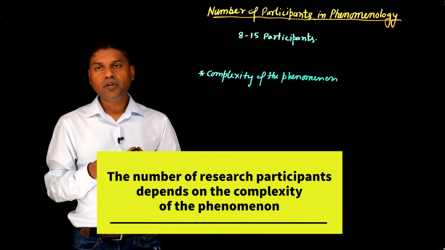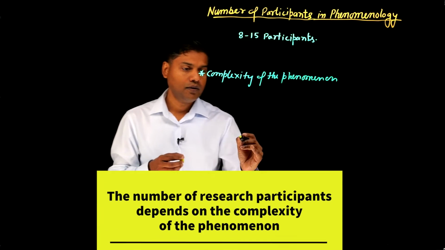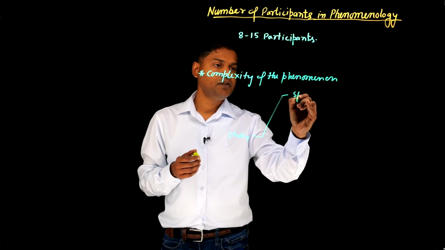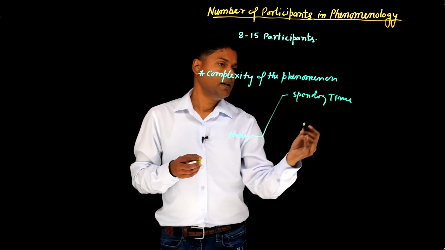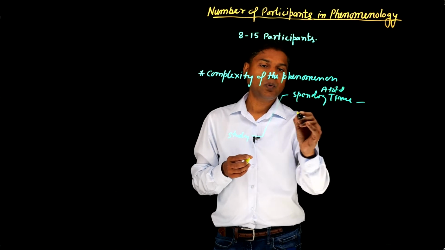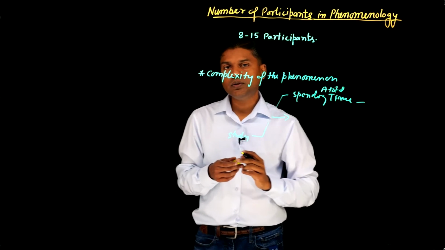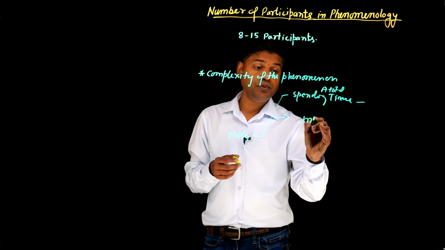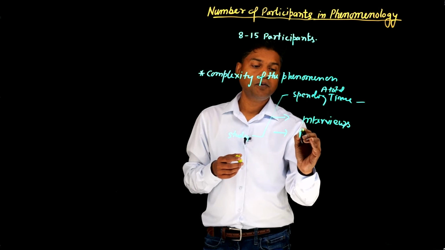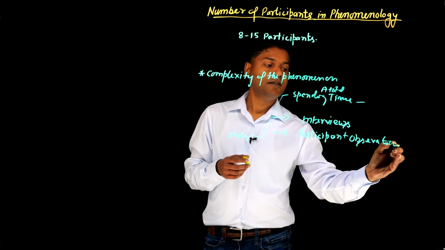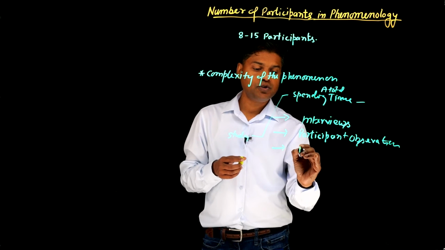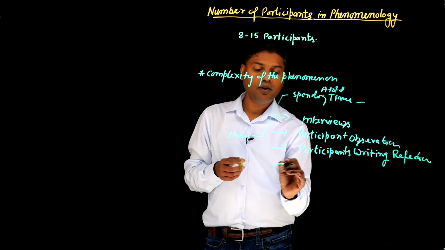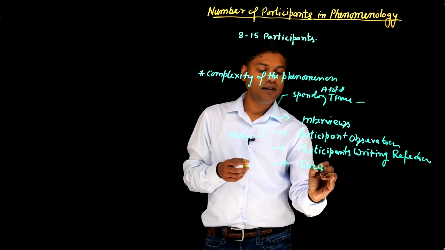So let's say you are doing a study where you are spending a lot of time collecting data, using different means of collecting data. Let's say I'm doing interviews, I'm also doing participant observation, I'm also doing participants' reflections, writing reflections, and I'm also doing document analysis as well.